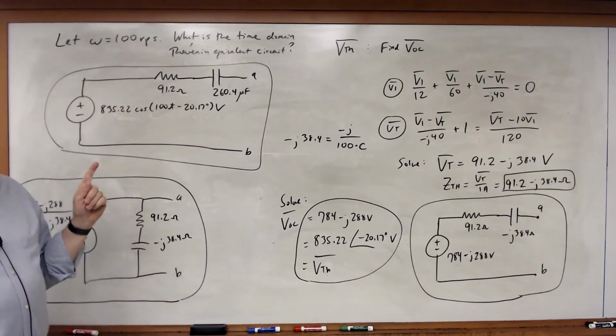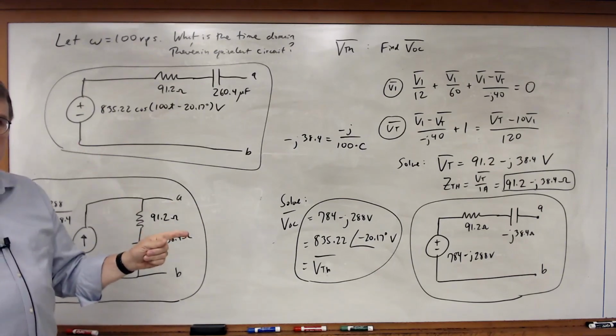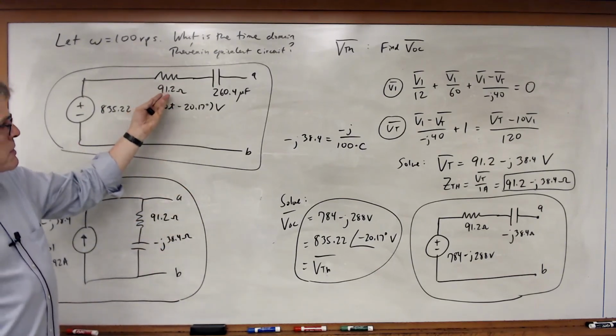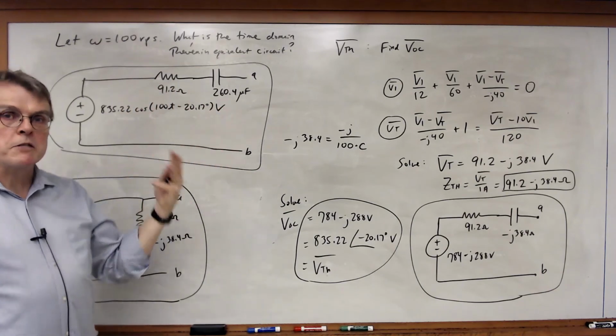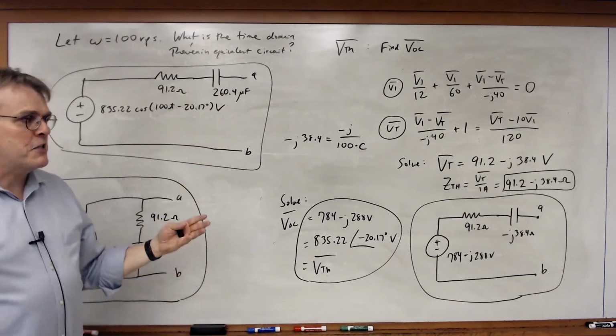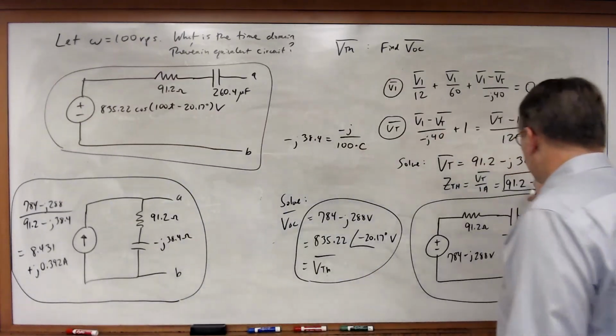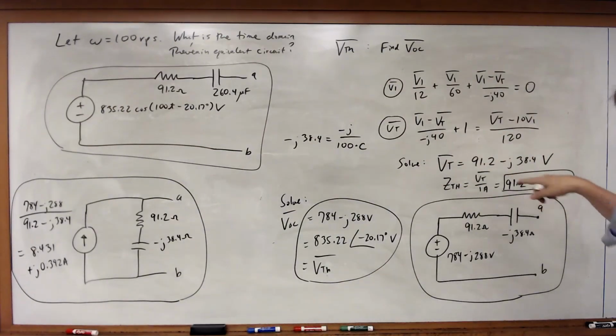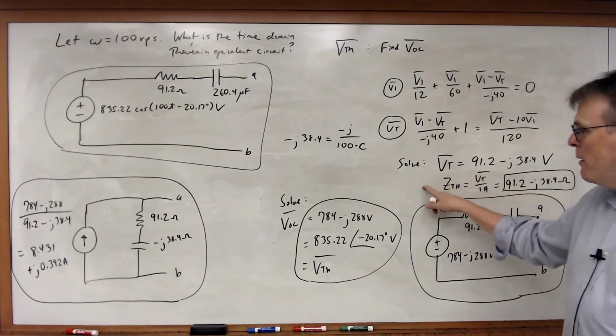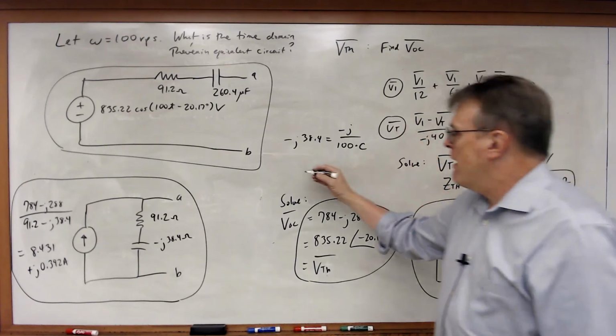Now please note, an impedance in the time domain is going to be a resistance and a capacitor, or a resistance and an inductor. It's not going to be a sinusoid. This is a mistake students will make. They'll take a rectangular form of an impedance, convert it to a polar form, and then try to write something like this.